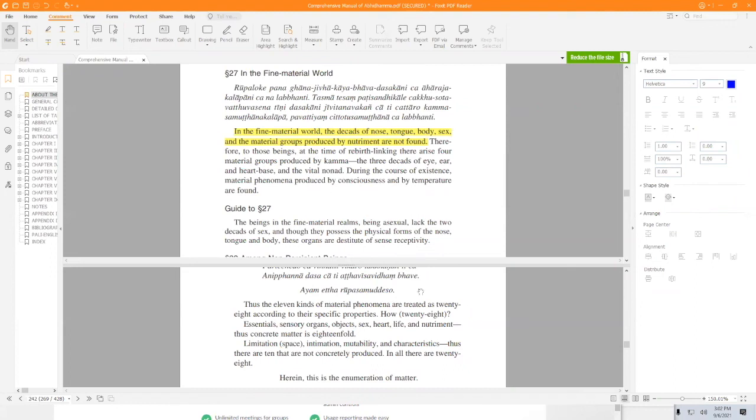Then nibbana comes fourth, not because it's of fourth importance, but because it completely transcends all conditioned things. So first you have to analyze and understand the nature of conditioned reality, and then you have some basis for at least getting a glimpse of the unconditioned reality, which is beyond everything conditioned.